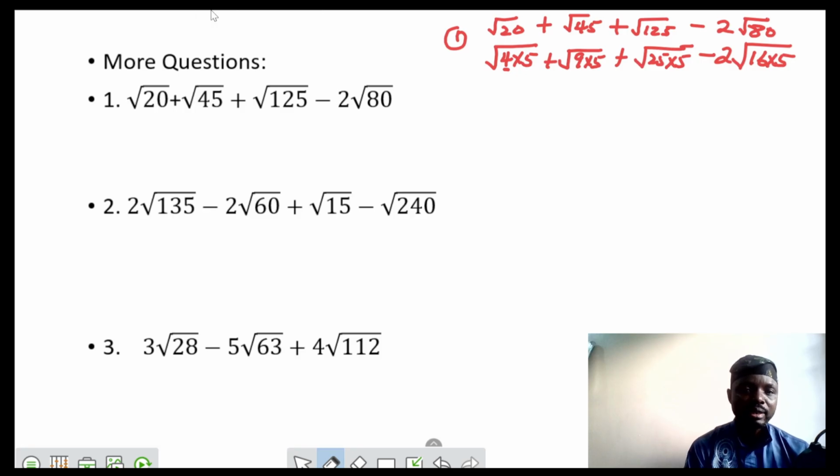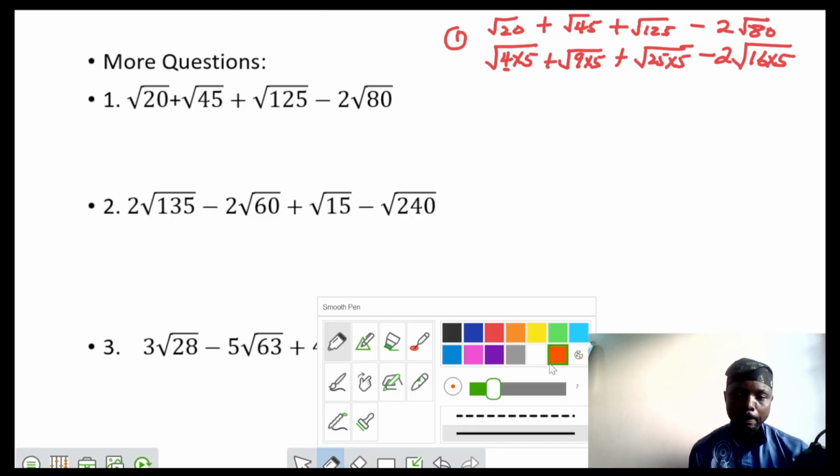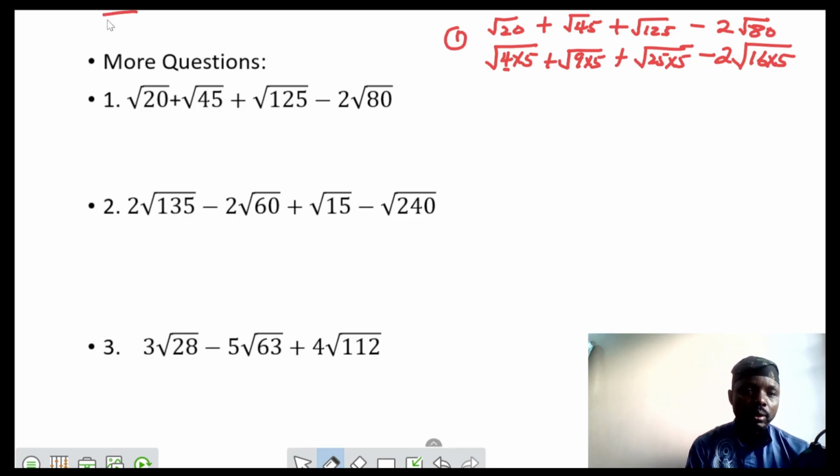So like I said, if I use root 80 as the same thing as 20 times 4, right? 20 times 4, we break this into 2 root 20. But 20 can still be broken further, into root 4 times 5 again.